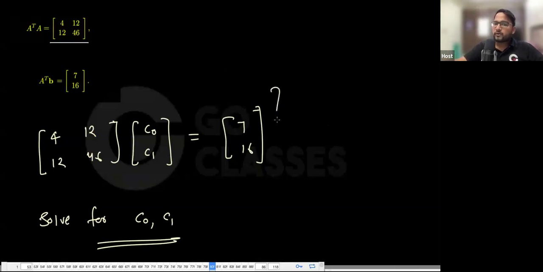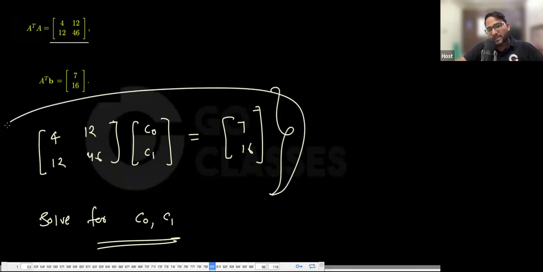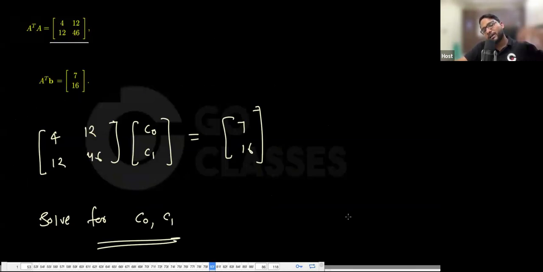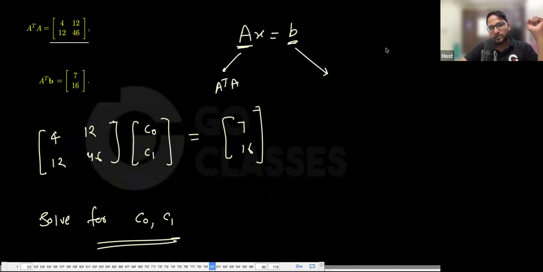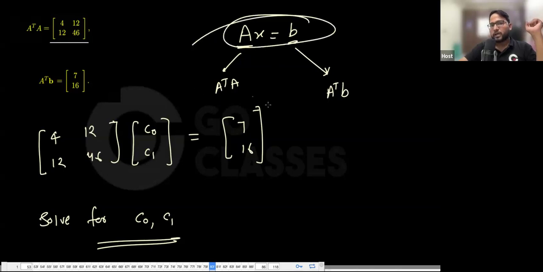This is also a system of linear equations. Why are we saying that we can solve this, and why was the earlier one not solvable? Earlier also it was Ax equal to B, right? Instead of A, I'm writing A transpose A. Instead of B, I'm writing another vector, which is A transpose B.